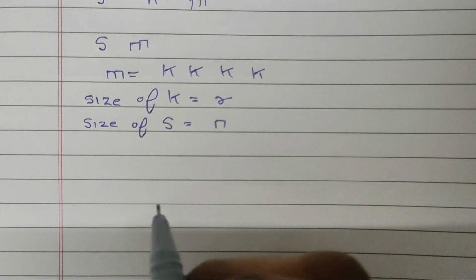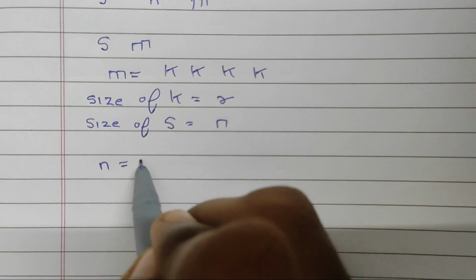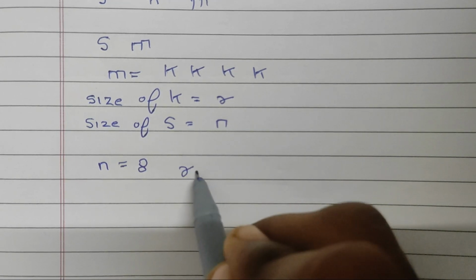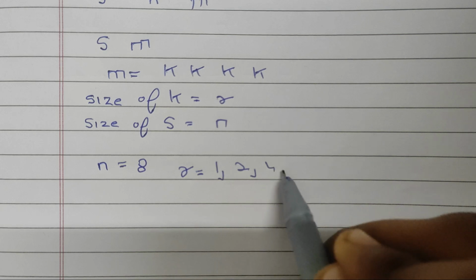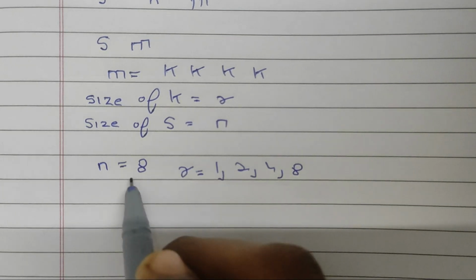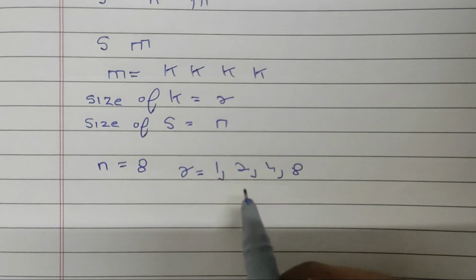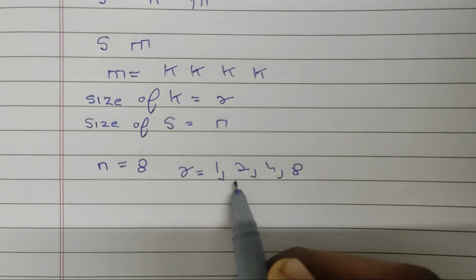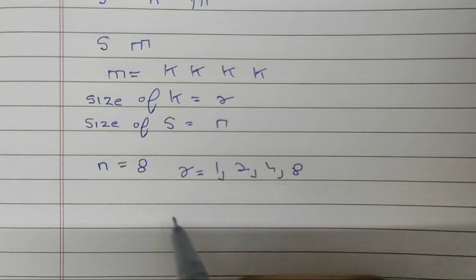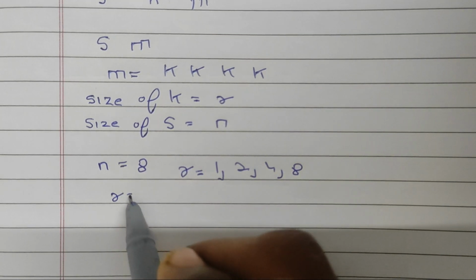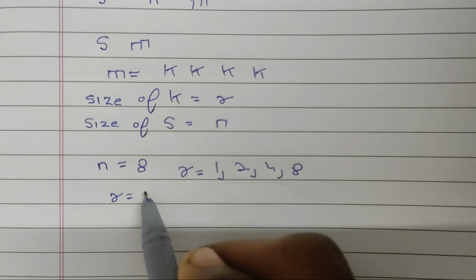For example, if N is equal to 8, R should be either 1, 2, 4 or 8. These are the factors of 8. Only by repeating strings of these sizes multiple times can we form 8. Otherwise, let's suppose we take an R which is not a factor of 8, say R is equal to 3.